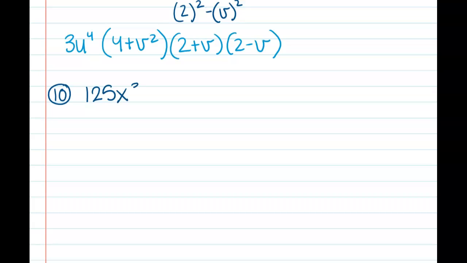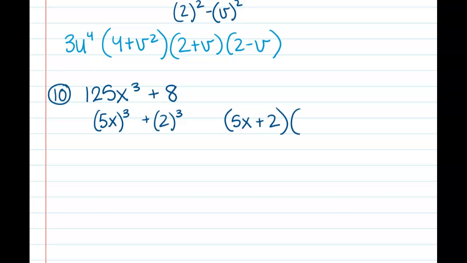125x cubed plus 8. I see some cubes, okay? And I can write this as 5x cubed plus 2 cubed. So I can use my sum of cubes formula, pattern. If this is a plus here, I'm going to start with the first term plus the second term.